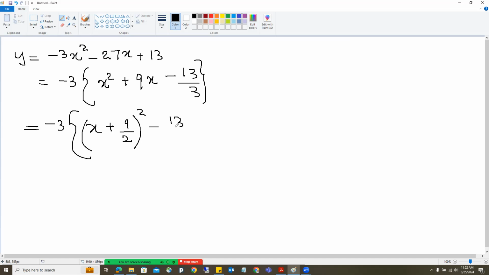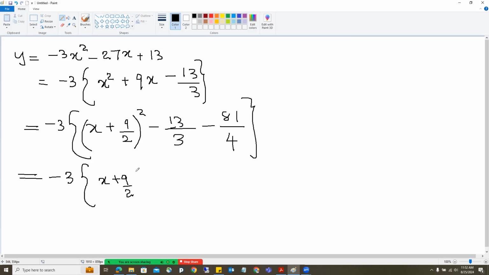Minus 13/3 minus, then we have 81/4. 81/4 came from the square of 9/2. Then -3 times x plus 9/2 squared minus, what do we have?